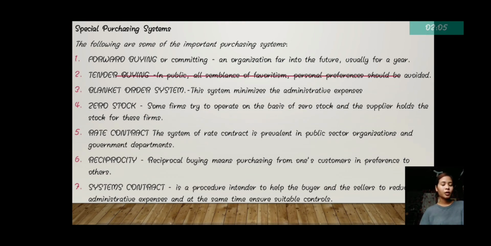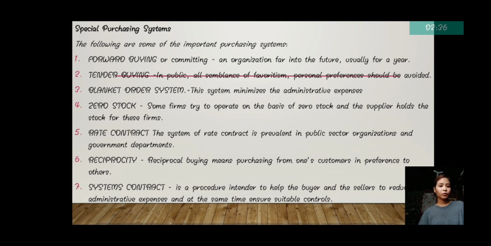Then the next is reciprocity. It means purchasing from one's customers in preference to another, meaning they base it on other preferences, like a person who is selling a product. So based on their preferences, others are encouraged to buy.